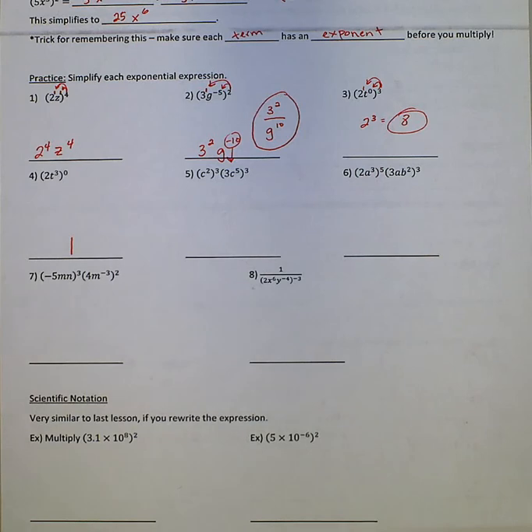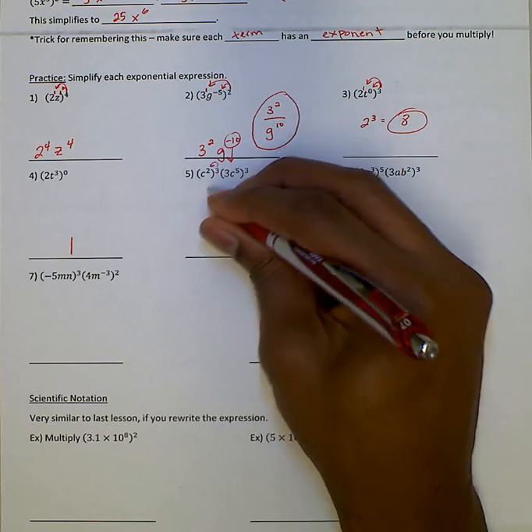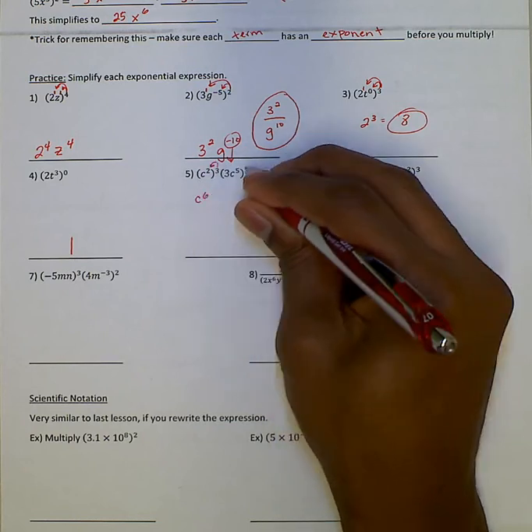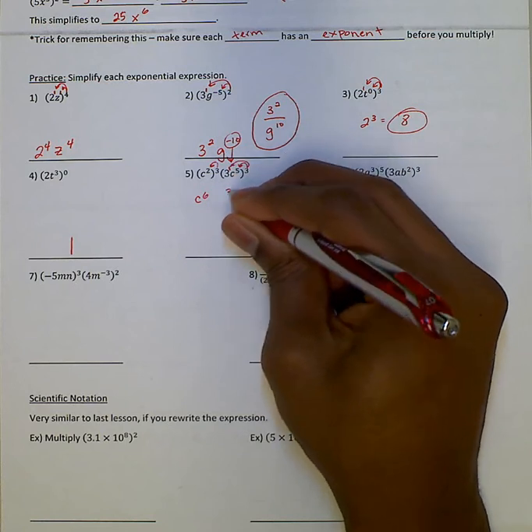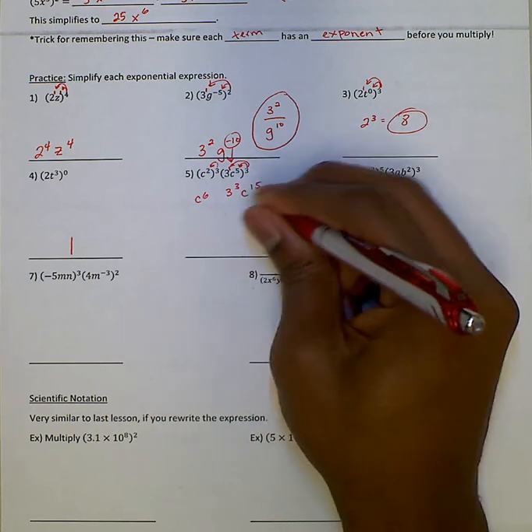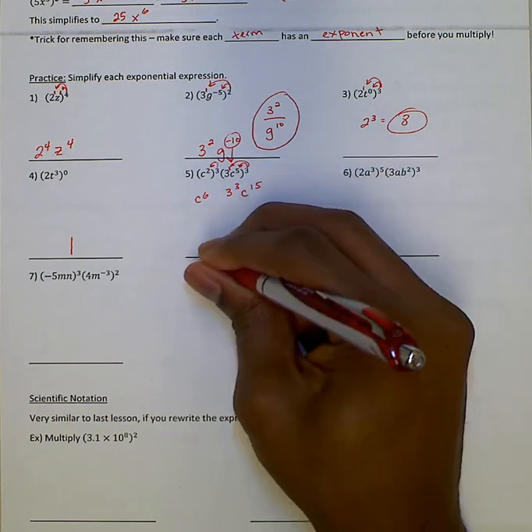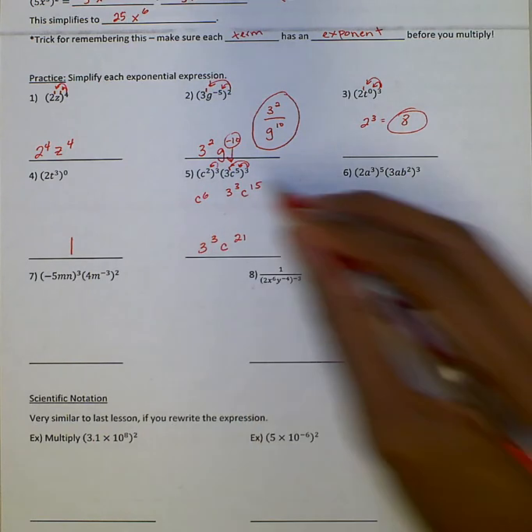Now we get to some more intricate problems. So c squared to the 3rd, c to the 6th. Make sure this has an exponent. 3 cubed c to the 15th. I'll group these c's together. So I have 3 cubed c to the 21st. 15 plus 6 is 21.